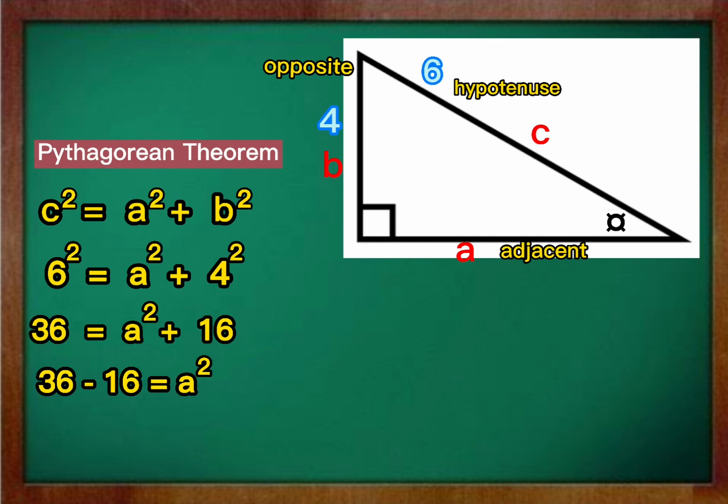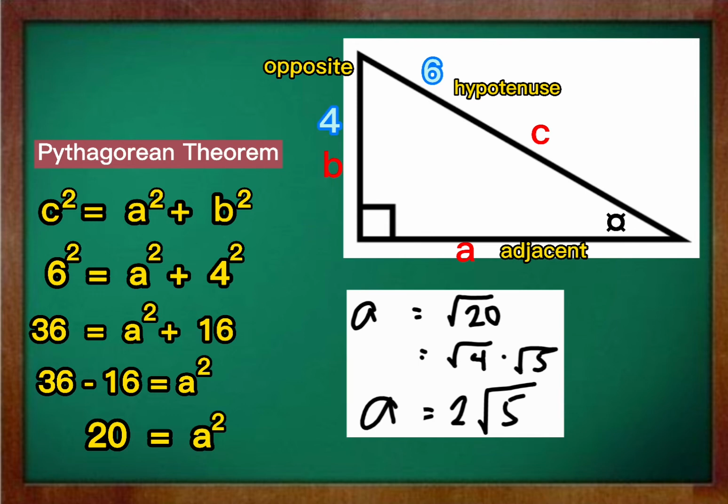Transpose 16 to the left side so we can get the value of a. So 36 minus 16 is 20. Get the square root of a squared and the square root of 20. So the factors of 20 are a perfect square of 4 and a 5. Take the square root of 4, which is 2. So the answer is 2 square root of 5.